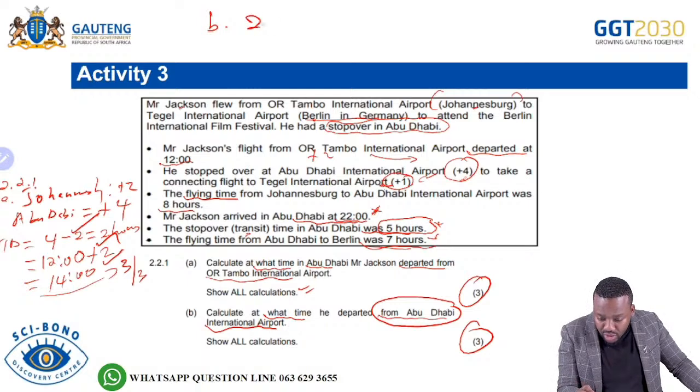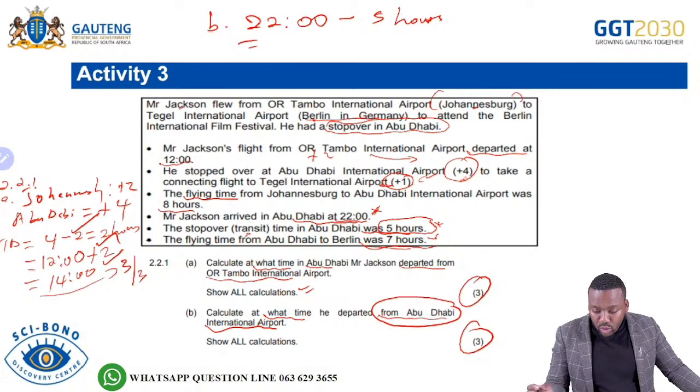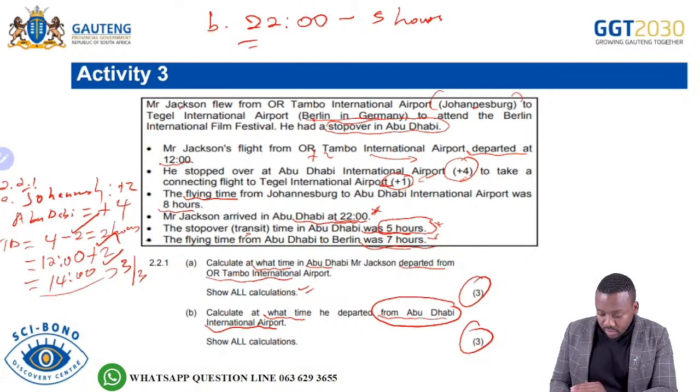Therefore, we will say 22, then we add the stopover. 22 plus 5, which 5?